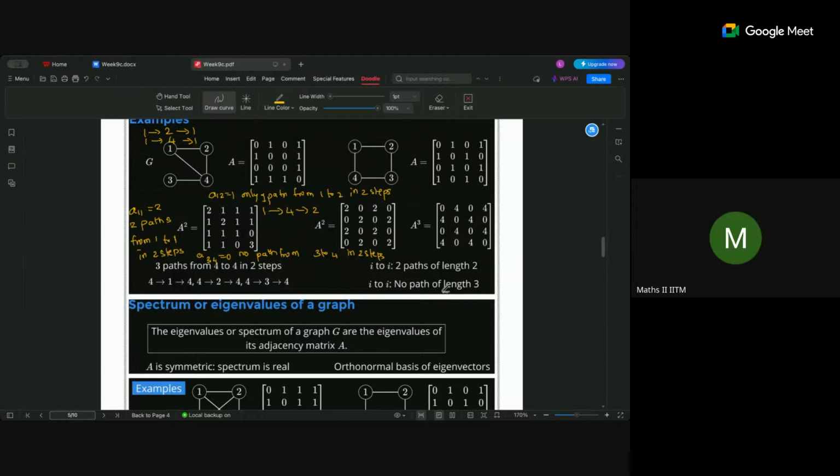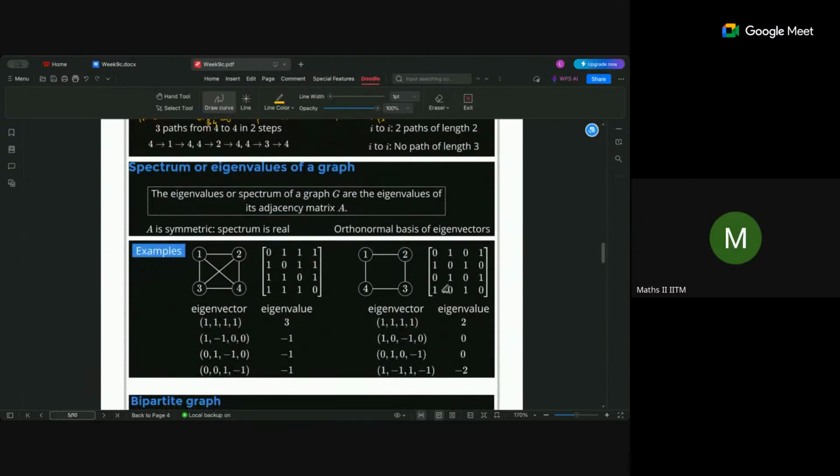Now let's move to the spectrum or eigenvalues of a graph. The eigenvalues or spectrum of the graph G are the eigenvalues of its adjacency matrix A. Since A is symmetric, the spectrum is real.